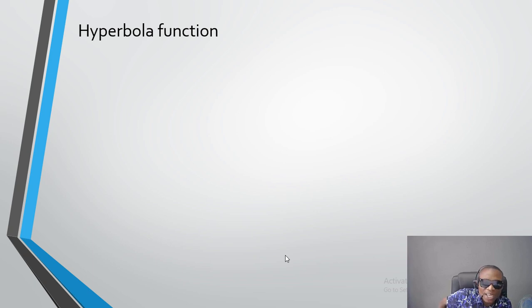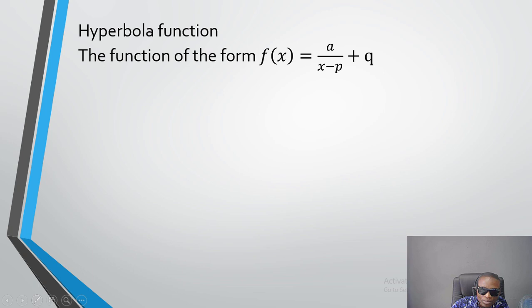In today's topic, we are looking at a hyperbola function. So without waste of time, let's go through it. We are talking about the function of the form f of x equals a over x minus p plus q.